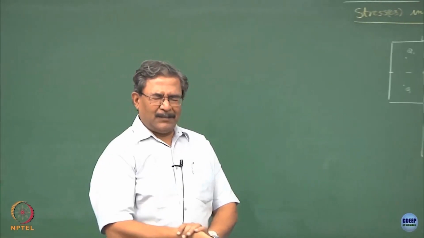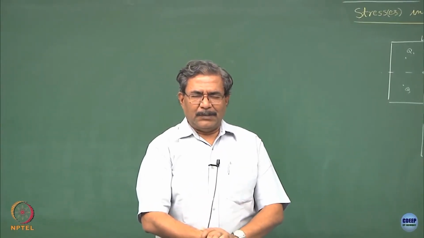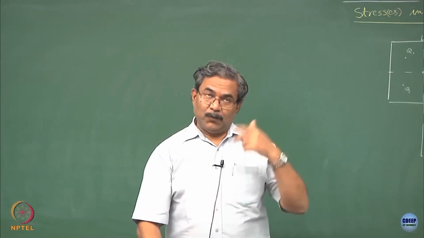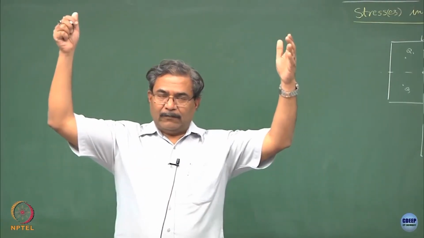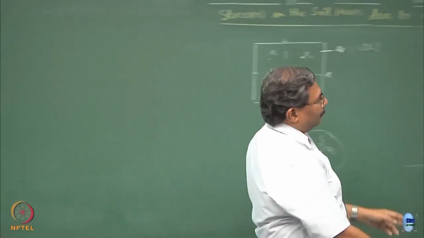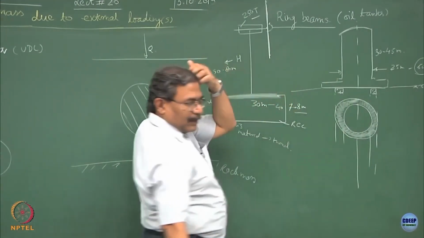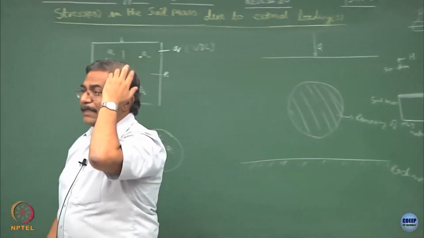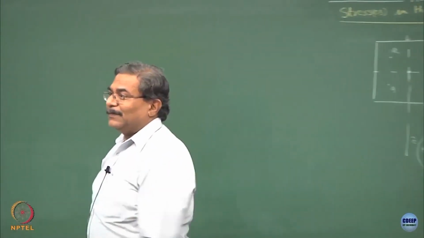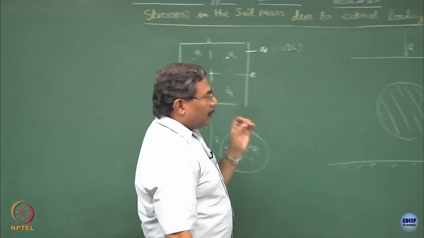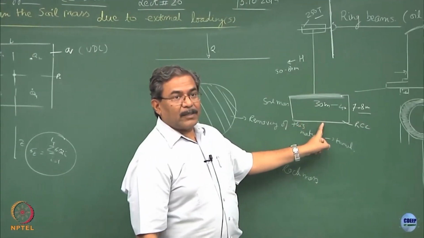Any idea? Close your eyes. A normal room is 2.5 to 3 meters. So, at least 2 times the height of the room. Clear? This is what the raft foundation size would be. So, I am sure you must be realizing that the foundations are going to be an extremely expensive part of these structures. Clear? And apart from the time, you require a lot of material and a lot of money to construct this.